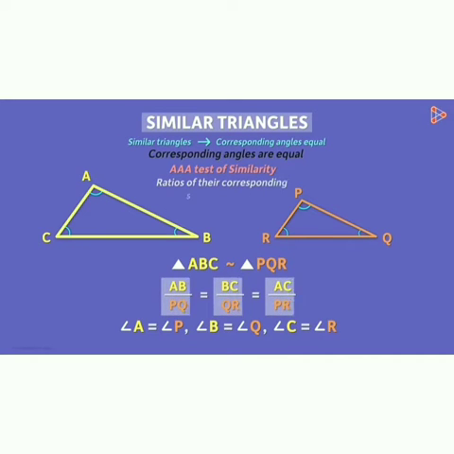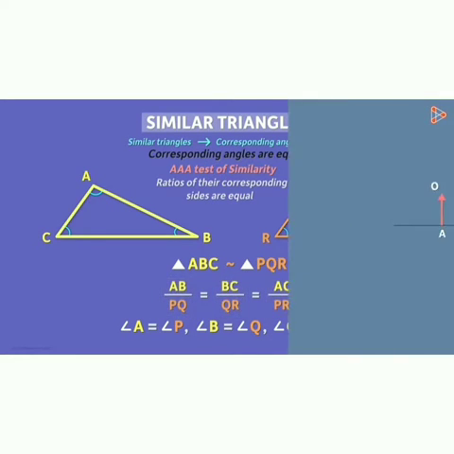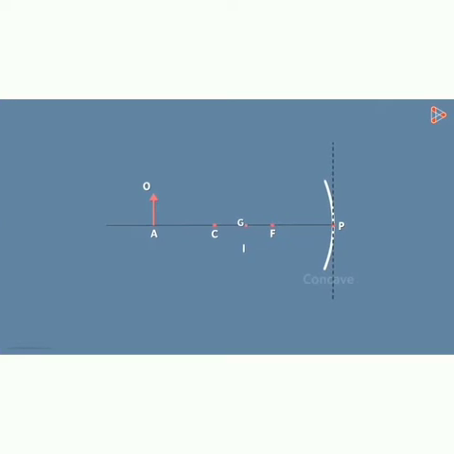This is about some basic concepts of similar triangles, which is helpful for us to derive the mirror formula. Here is the ray diagram of image formation by a concave mirror.